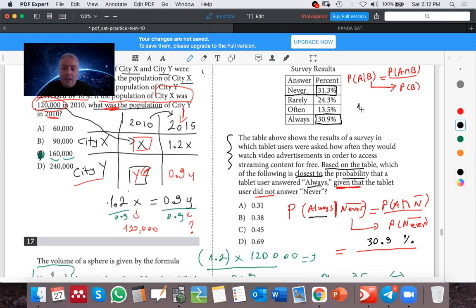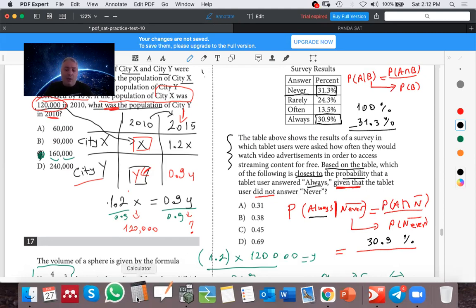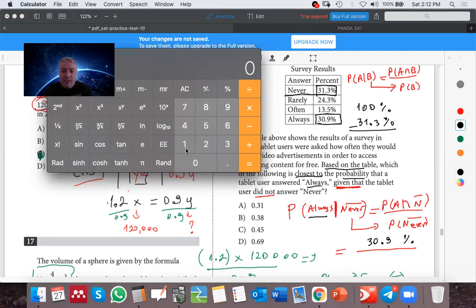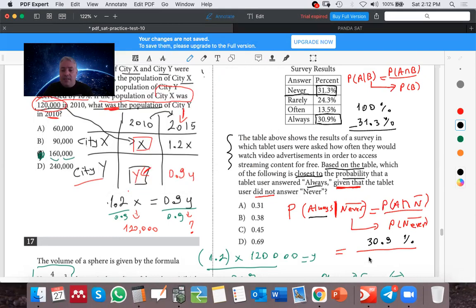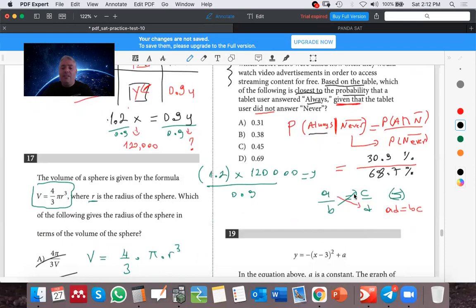You know that if I subtract 31.3% from 100%, it will be the answer of who did not answer never. So let me do it on the calculator. I don't want to make a mistake. 100% minus 31.3 is equal to 68.7.